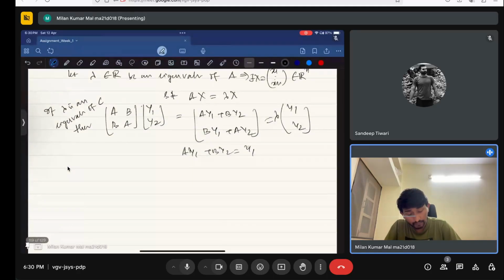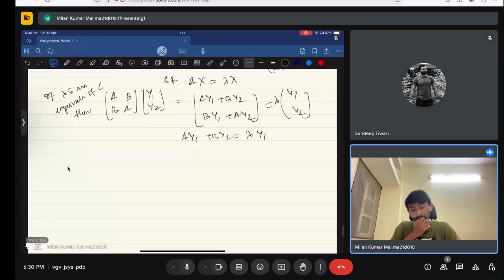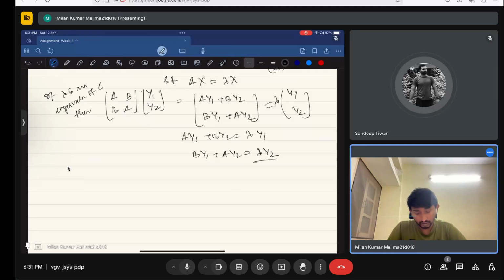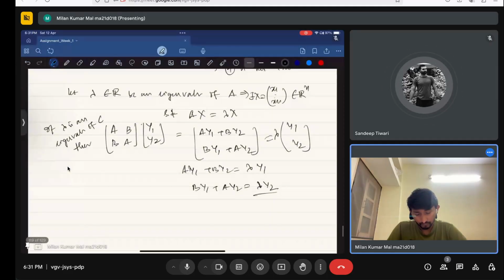So therefore A y1 plus B y2 equals lambda y1, and B y1 plus A y2 equals lambda y2. But this is also not giving anything. If x is an eigenvector of lambda, then the other eigenvector need not be similar to that one, right? I think we have to look for possible counterexamples.